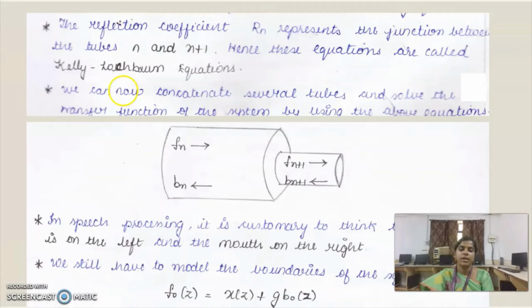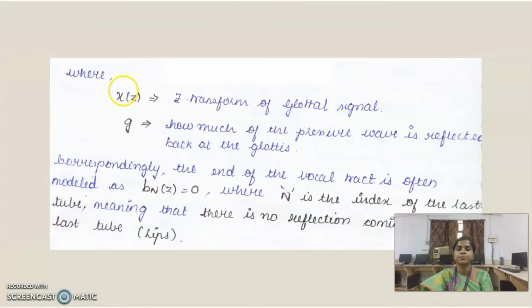We can see that F0 of z is given by the original signal X of z plus gain times the reflected signal. We assume that Bn of z is equal to 0 at the last tube with index n, meaning no reflection comes into the last tube, which is the lips.